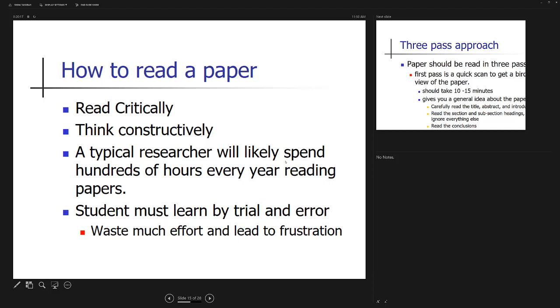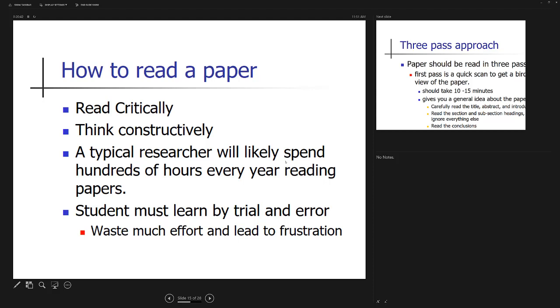Okay, I have found this criticism, this shortcoming, this limitation in here. How can this limitation be overcome? How can this shortcoming be removed? That is constructive thinking. What should I do to improve it?